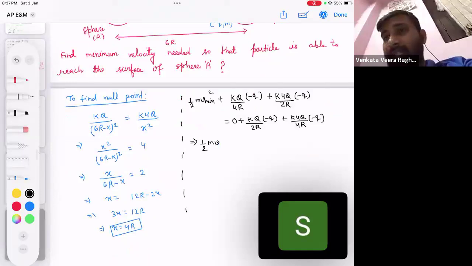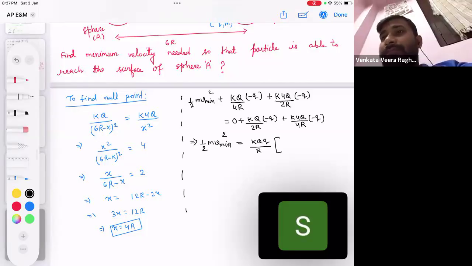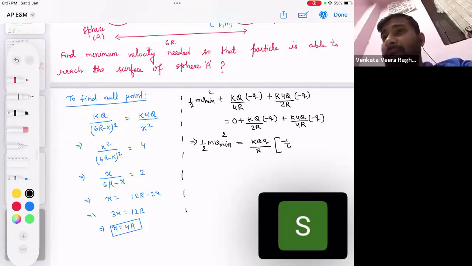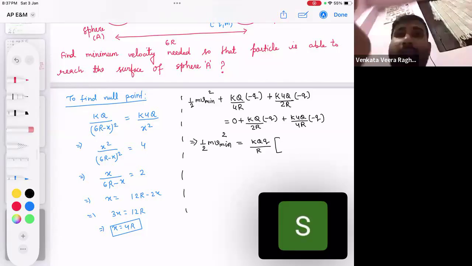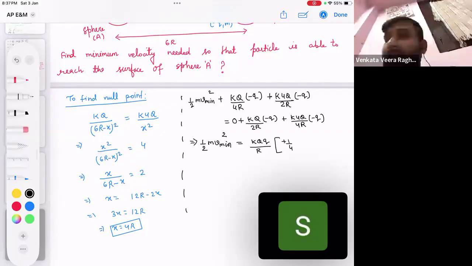Now just a small simplification is needed. Half m v minimum squared, send everything to the other side. K capital Q small q by r common, right? It is minus 1 by 4. Wait, I have sent it to the other side now, so it will become plus 1 by 4.